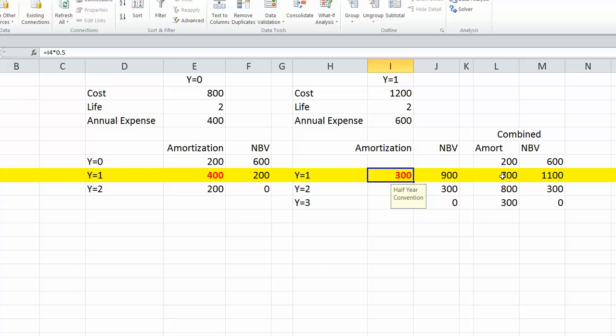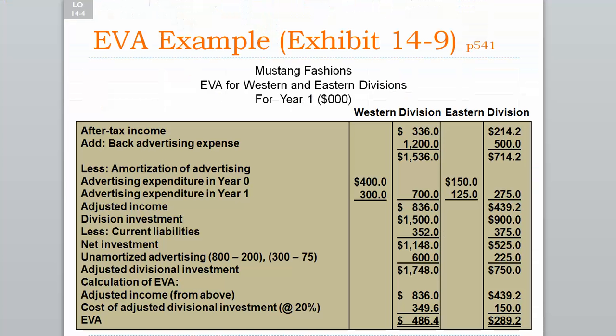So on a combined basis, our total amortization expense for this year will be $400 plus $300, or $700. So to calculate our adjusted net income for this year, we added back the current year advertising expense, and now we've deducted the amortization expense on the advertising expenditures that we have capitalized in year 0 and in year 1, the 700. So 1,500 minus 700 gives us our adjusted net income of $836.